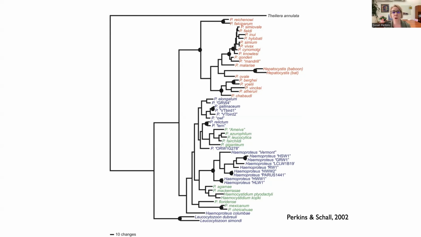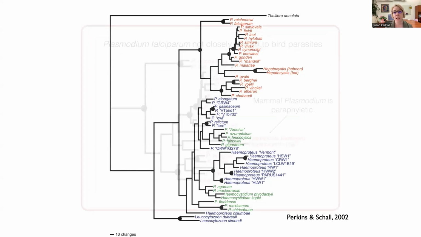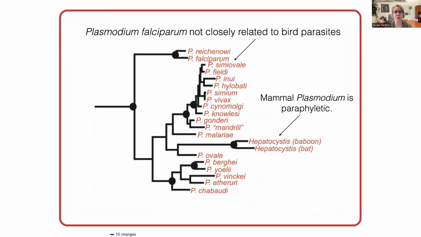So this is the overall phylogeny. I'm going to zoom into each of the 2 major clades here and just point out some of the conclusions to keep in mind, because you're going to see some themes as I continue through the presentation. So again, counteracting what Andy Waters and colleagues had said, Plasmodium falciparum was not falling out with bird parasites.